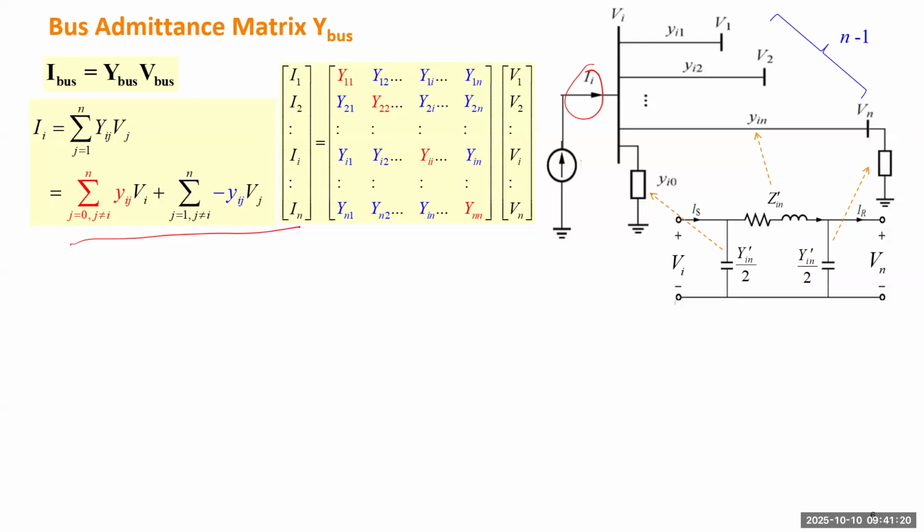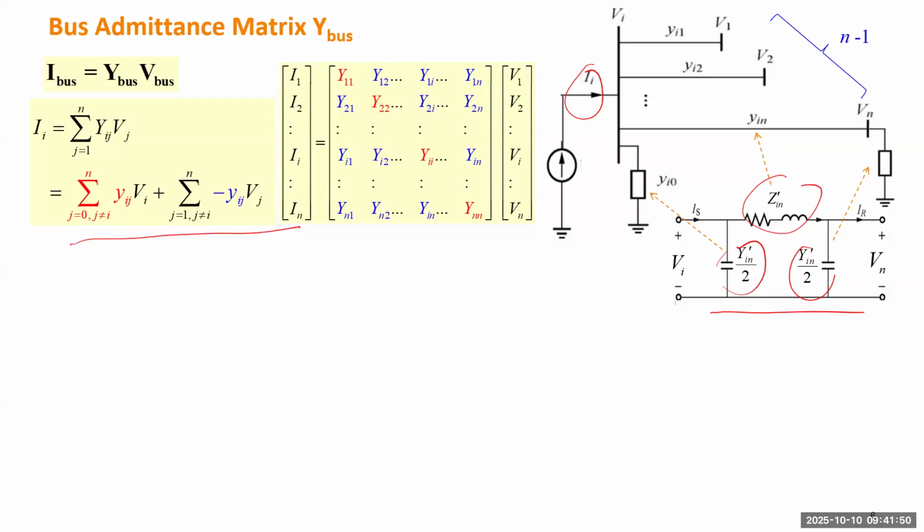If it's a transmission line, we'll take the pi model. If it's a short line, we only need to model the impedance. We don't even need to consider admittance to the ground or capacitance to the ground. For a medium line, we can take this pi model. The impedance here will be the actual line impedance, and the admittance to the ground will depend on half of the total capacitance.